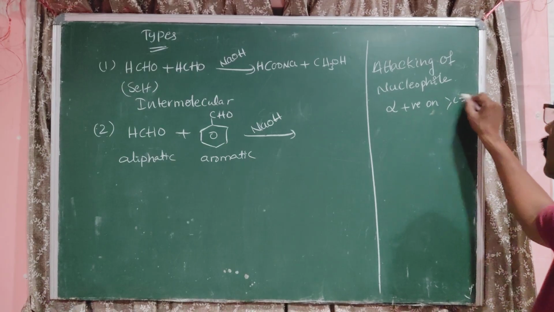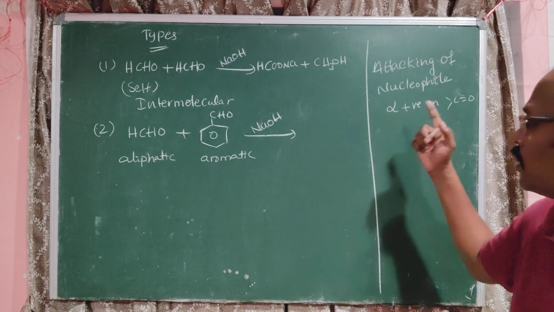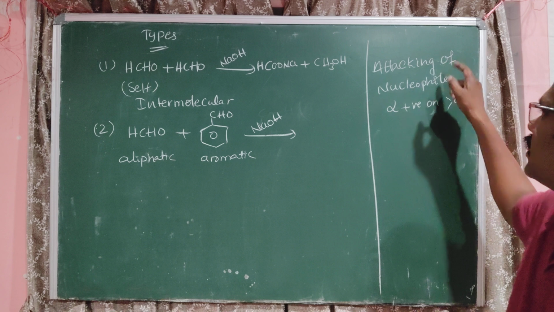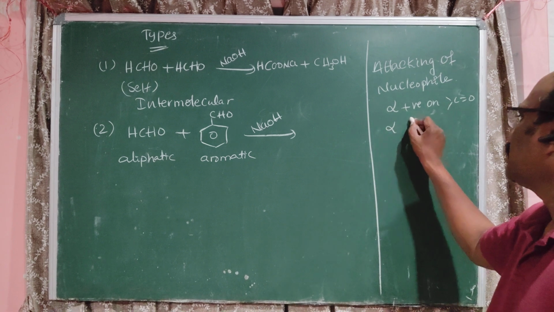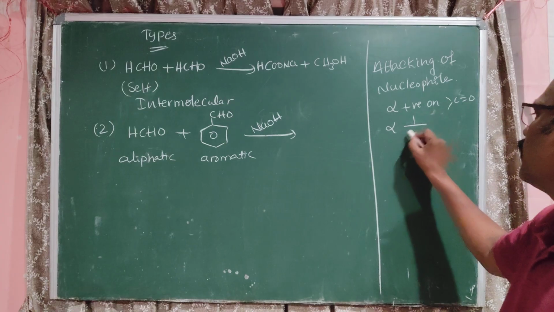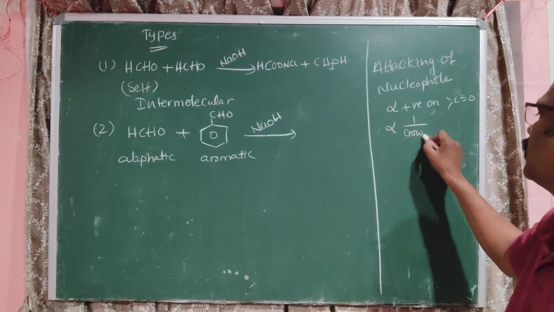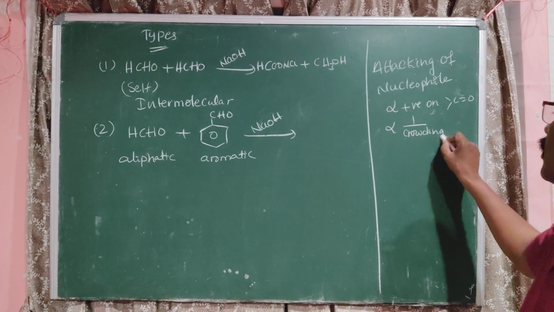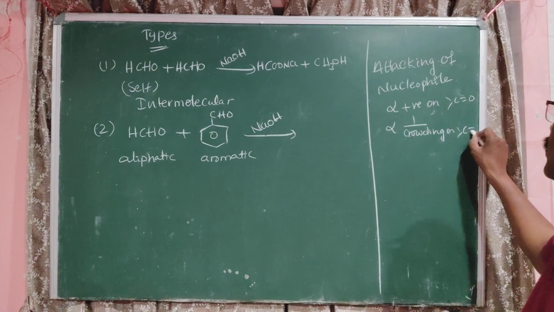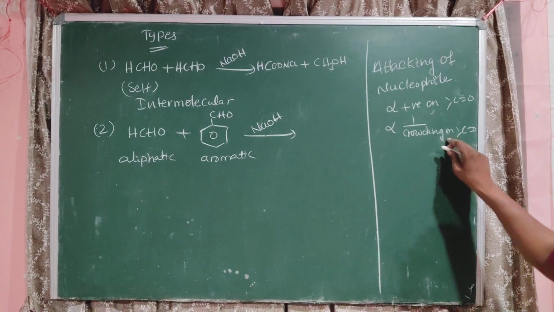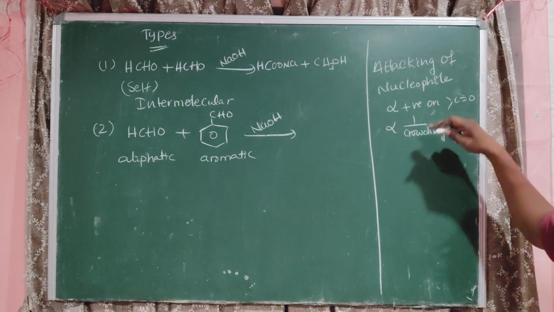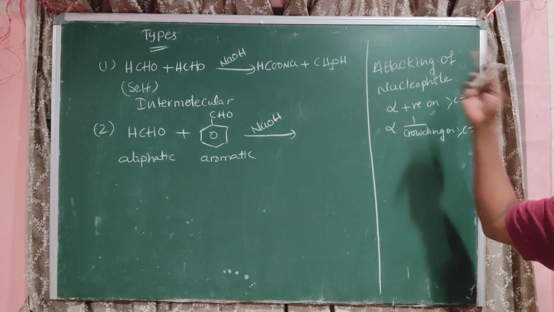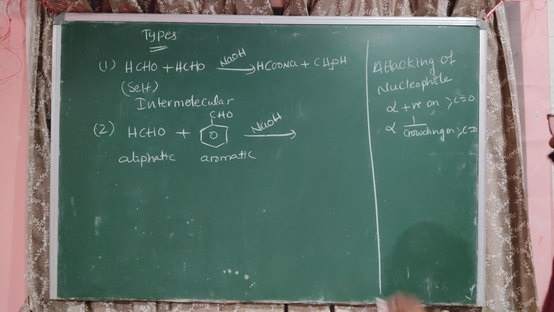If the positive charge on the carbonyl carbon increases, nucleophilic attack is easier. And it is inversely proportional to crowding on the carbonyl carbon. If any crowding is present on the carbonyl carbon, nucleophilic attack becomes difficult.